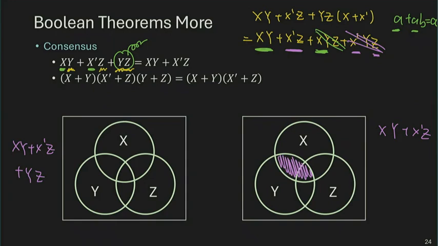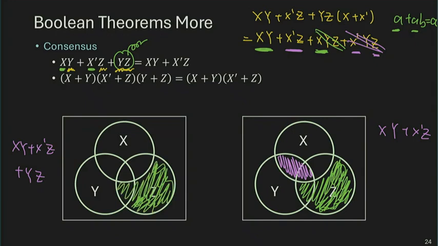X prime z is within z but not within x. So this part of the diagram. And that's your overall expression on the right-hand side. On the left, you still have these two sections, x prime z and xy.